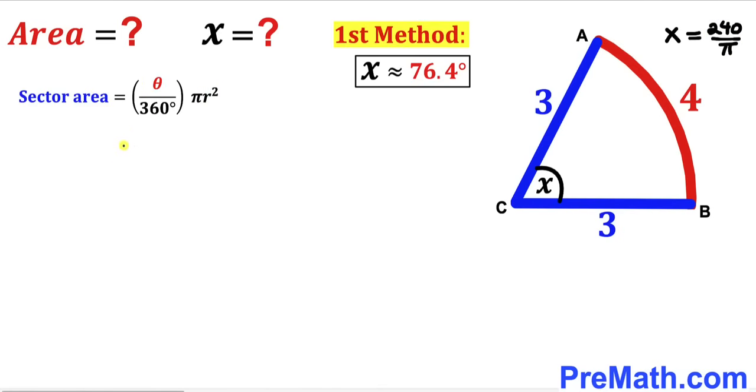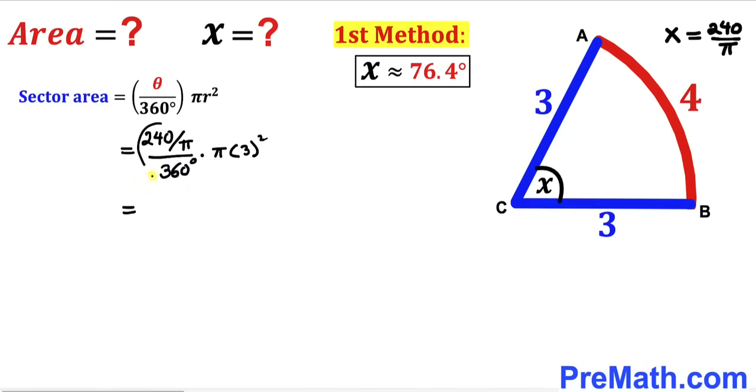Let's go ahead and fill in the blanks. We got our angle as 240 divided by pi, so I'm going to write down 240 divided by pi, divided by 360 degrees, times pi times our radius 3 squared. Now let's simplify further.